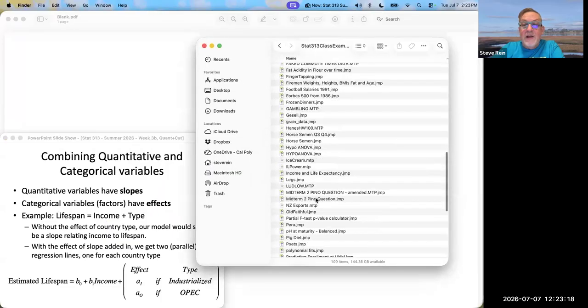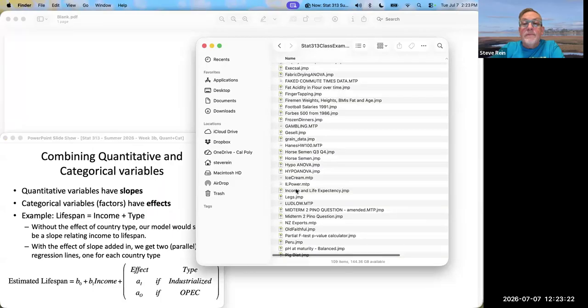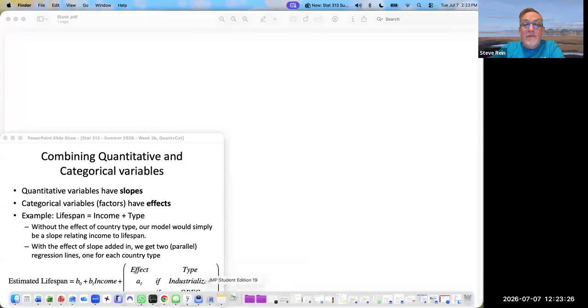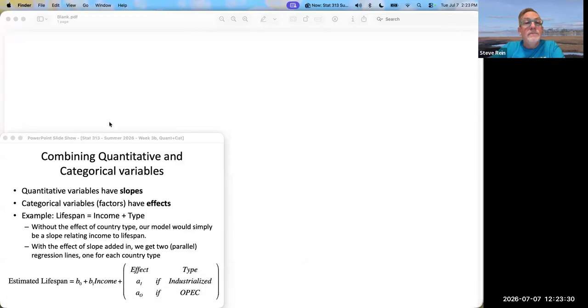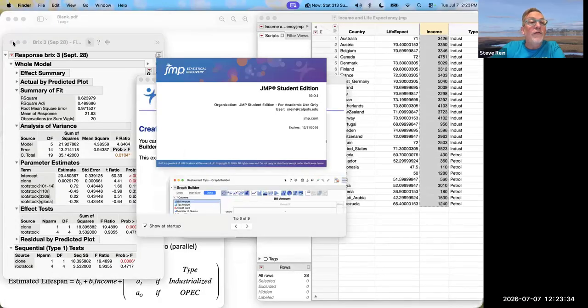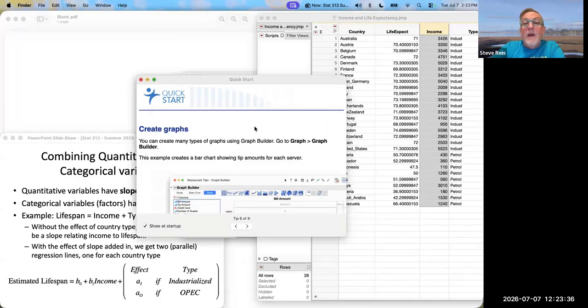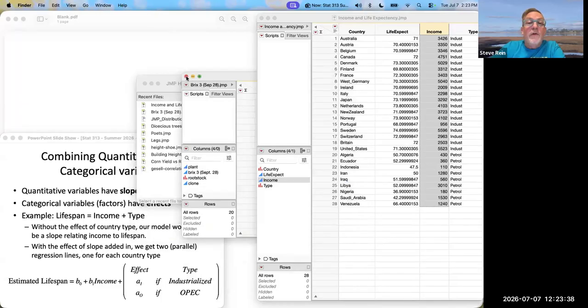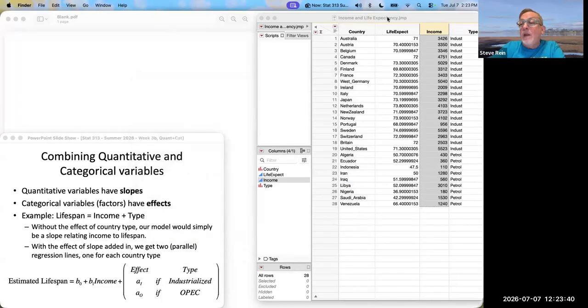So income and life expectancy, I for income. I've got these different countries, income and life expectancy.